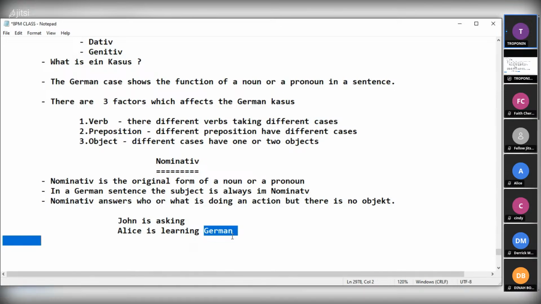So this one will not be in nominative, but it will be in accusative. It will be in accusative, not in nominative. So John is asking a question. That one is now in nominative.